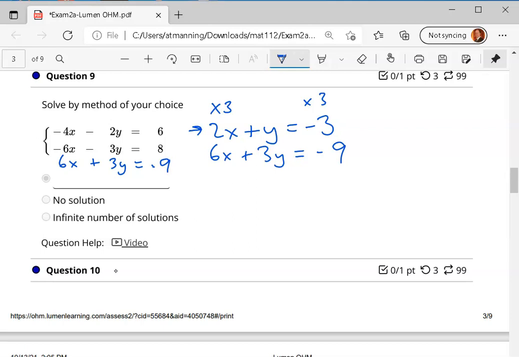So by adding those two together, I get 0 equals negative 1. See how these added together give me 0? Negative 6x plus 6x comes to 0. Negative 3y plus 3y becomes 0. 8 plus a negative 9 becomes negative 1. That can never be true, so therefore there is no solution.